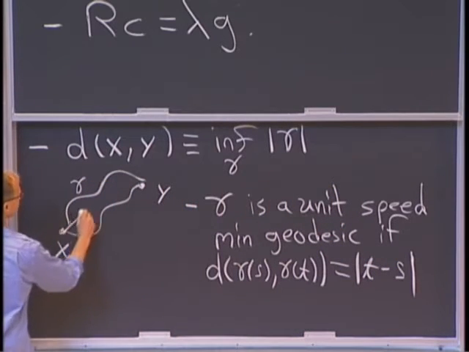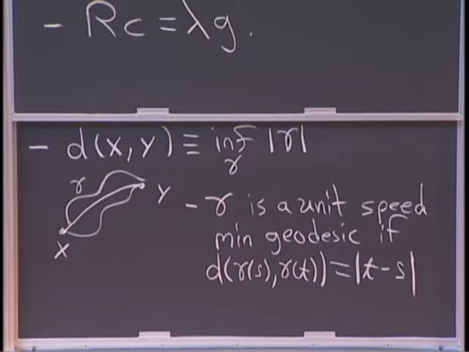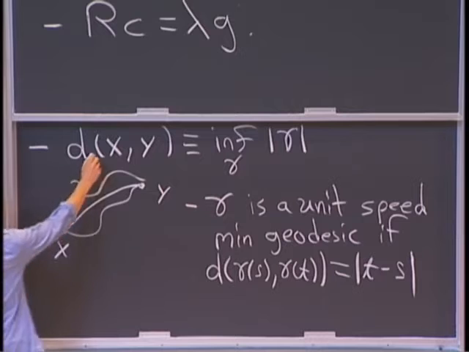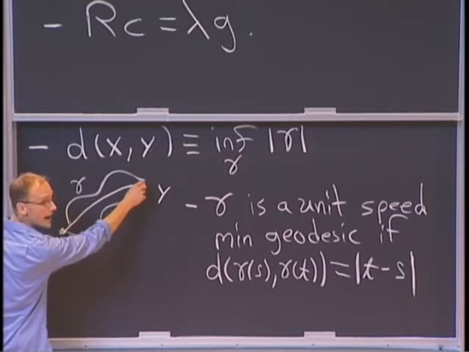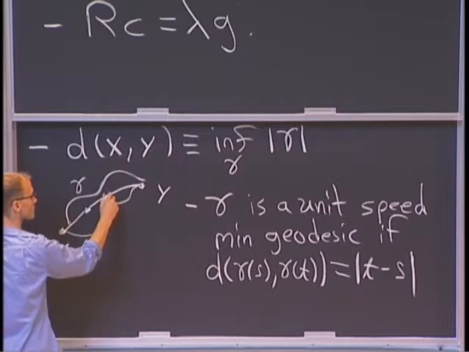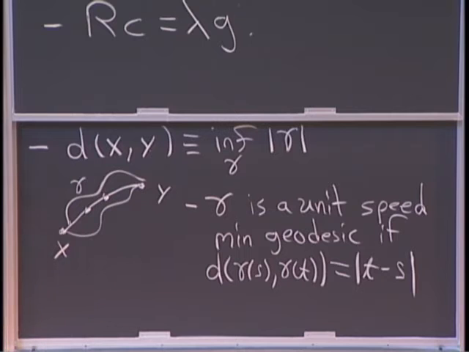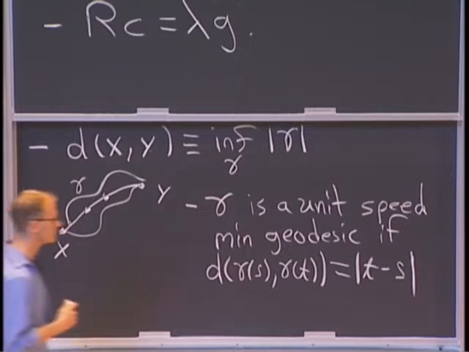So that means that if we have some curve here, then in fact, not only does gamma have the property that it does actually minimize this length between x and y, but between any 2 points in here, it also minimizes. So it's the best way of getting from x to y, distance-wise.